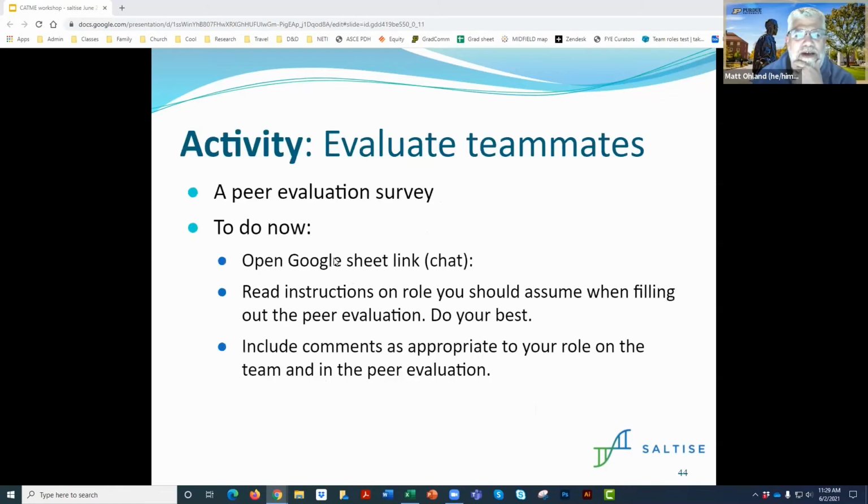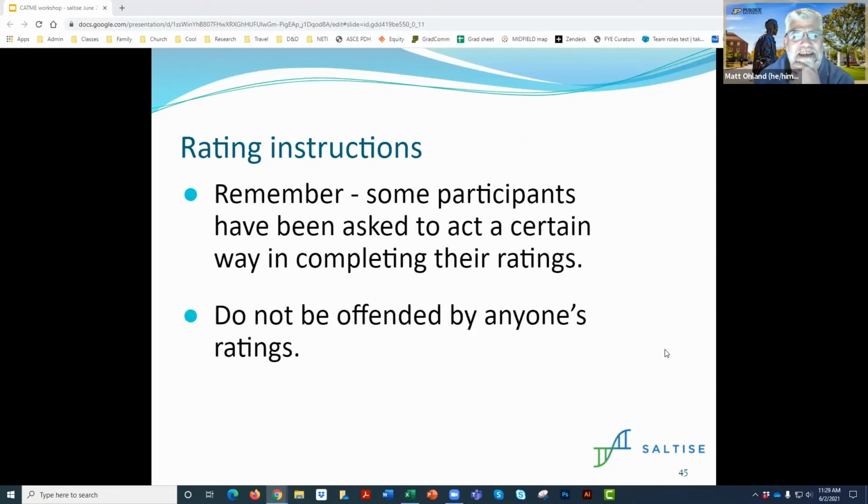Okay, so as a reminder, some of that was play acting. And so please don't be angry with anybody professionally. In a similar way, some people have very special instructions on how to handle the ratings part of this. And the rest of you will all get to see what the rating system looks like and follow your instructions, which, as Phoebe said, most of you are asked to just rate people based on the behaviors you actually observed.